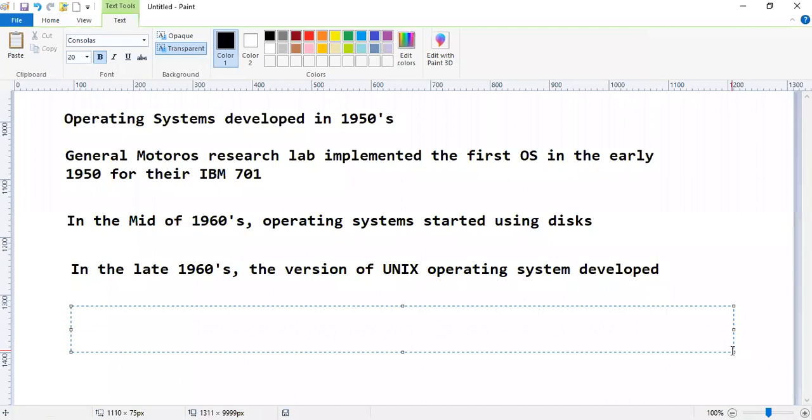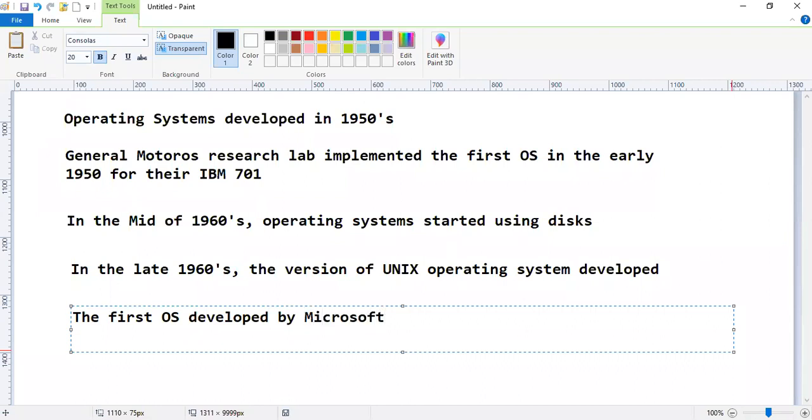The first operating system developed by Microsoft is the MS-DOS operating system. Today, we are using the Windows operating system. Windows is from Microsoft, but Windows is not the first OS developed by Microsoft.